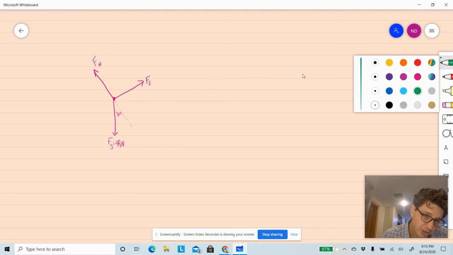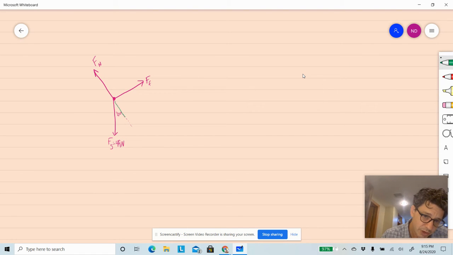Some of that 49 newtons is this way, and some of that 49 is this way. Right?